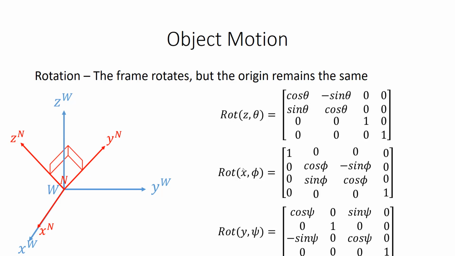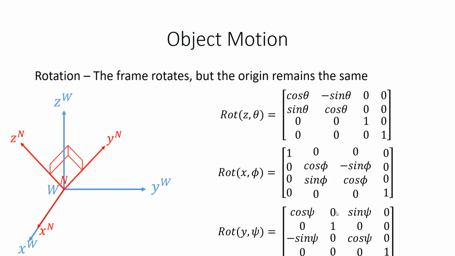If we look at the x-axis, if we want to rotate around x, the first row and column don't change. It's the middle part that changes. And here we have the same values: cosine, sine, negative sine, cosine. In y, we have the second row and column not changing. That represents the y direction. We have the same values: cosine, negative sine, sine, cosine.